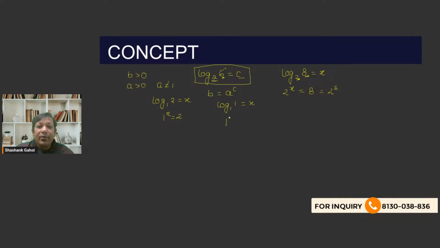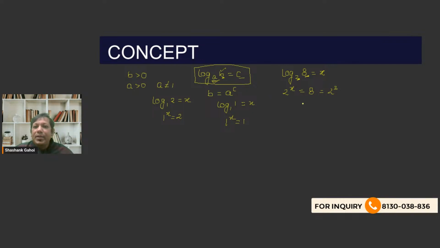So I can say 1 power x is equal to 1. So x can be 1, x can be 0, x can be 2, x can be 5, it can be minus 2 as well. So if base is 1, the log itself will become not defined. b can be 1, c can be any real number, but base should always be positive. It cannot be equal to 1. Inside the log, we can never have a negative number. These are the basic conditions that we are going to talk about.